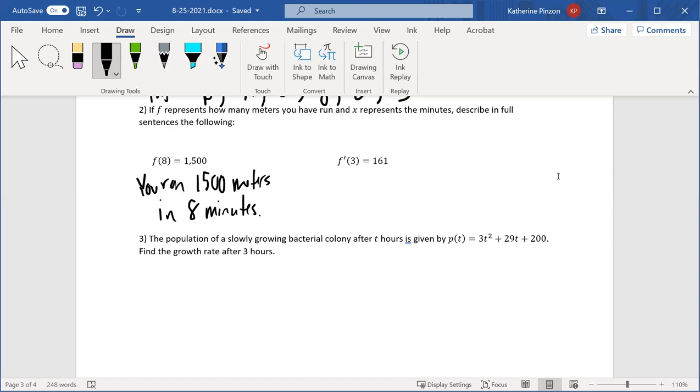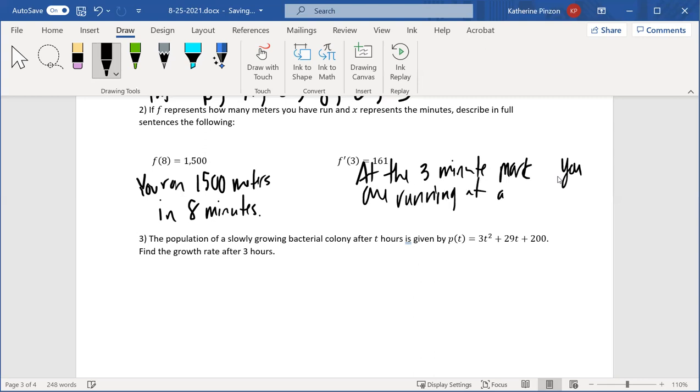So at the 3-minute mark, you are running at a rate of 161 meters per minute. So like you're running along, you're 3 minutes into your run, you look at your watch, it says right now this is what your speed is. Okay, 161 meters per minute.